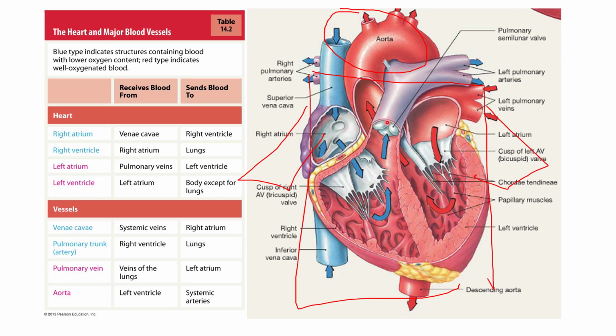And when it's pumped out of the right ventricle, it's going to pass through the pulmonary semilunar valve, go to the lungs, and return from the lungs through the right and left pulmonary veins, and then it'll enter, this time, our left atrium.